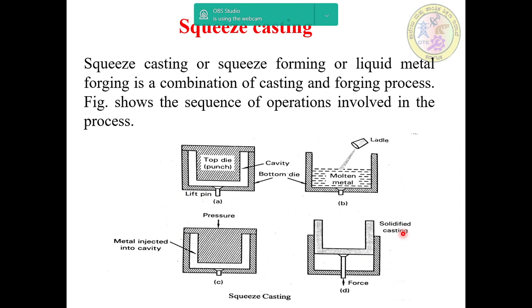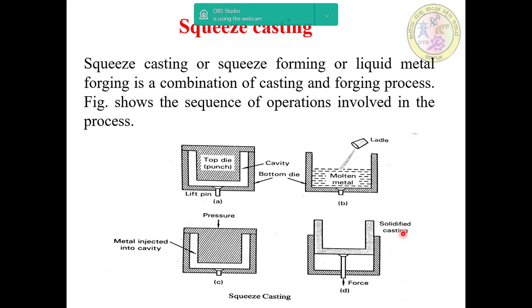Next we'll go for squeeze casting. Squeeze casting, or squeeze forming, or liquid metal forging, is a combination of casting and forging process.